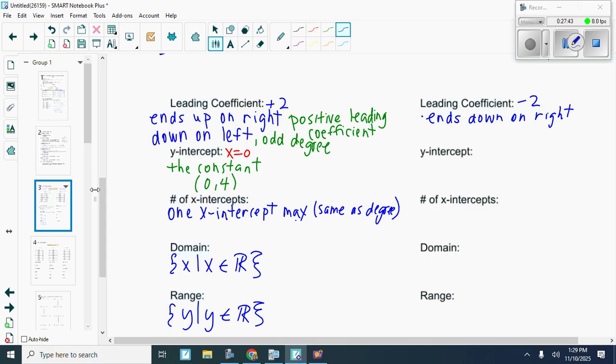And that's because of the negative leading coefficient. It was up on the left. And again, that's because of the odd degree.